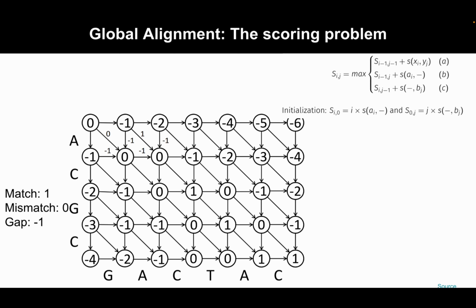For this node, I can come from here, which means I can do a substitution or a match based on what sequence exists here, or I could do a deletion in this direction, or I could do a deletion in this direction. So it's 0 if I allow for, depending on what my match score is, and I should have shown the match score here, but actually it's minus 1 for a mismatch.